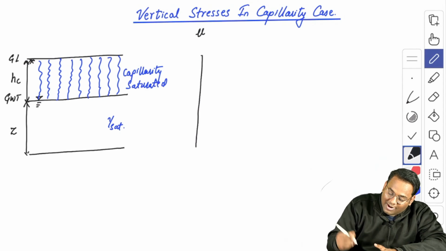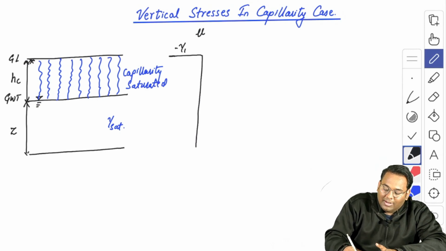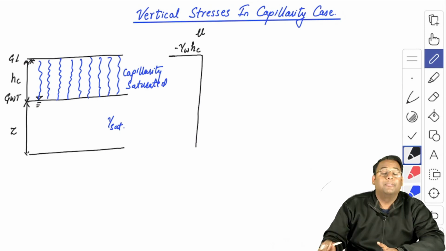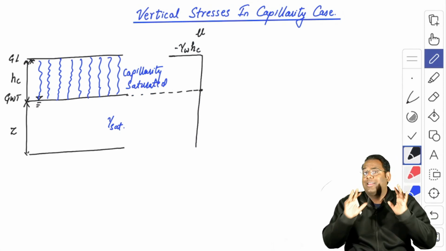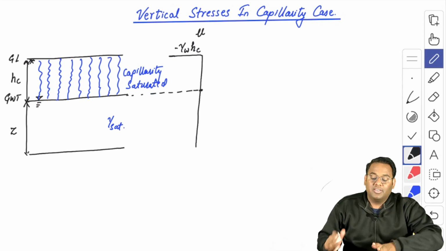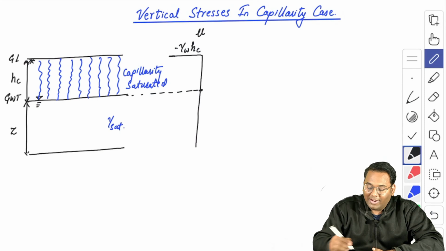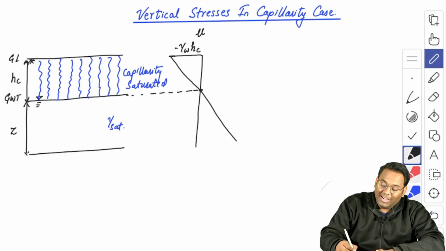So here I can directly draw that the value of water pressure will be negative, and it will be equal to minus gamma W into HC, whereas the normal water level is present here. So at the normal water level the water pressure will become equal to 0, and hence there will be a linear variation of water pressure like this.